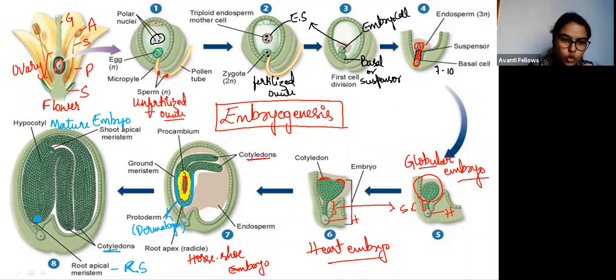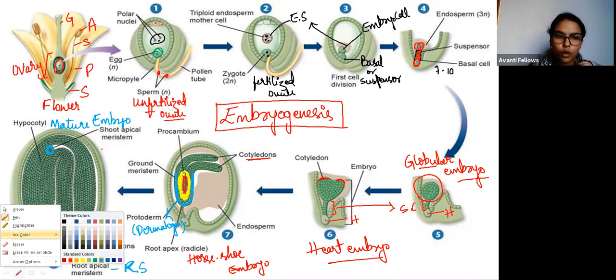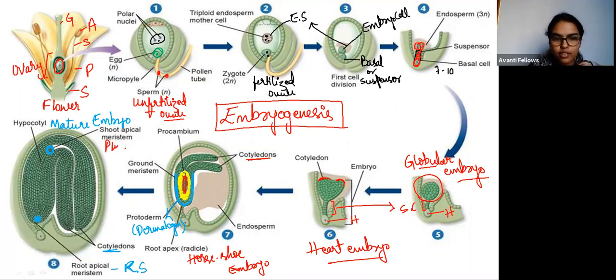And here this is the shoot apical meristem, that means it will be the plumule. What does the plumule give? It gives the shoot system. So this plumule will give rise to the shoot system. This entire structure is actually the seed. The seed is formed from the ovule, right? So this is about embryogenesis, which we already discussed in the last class.